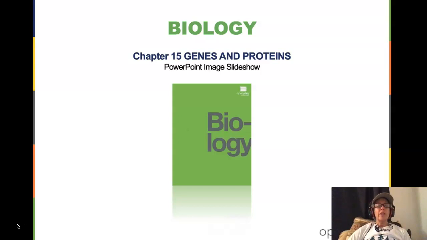And I do qualify that as in cells because viruses do other crazy things that, if you're interested in, we will talk about in a microbiology class. We are sticking with cellular biology, so we will talk about how DNA is interpreted through RNA to get to proteins.